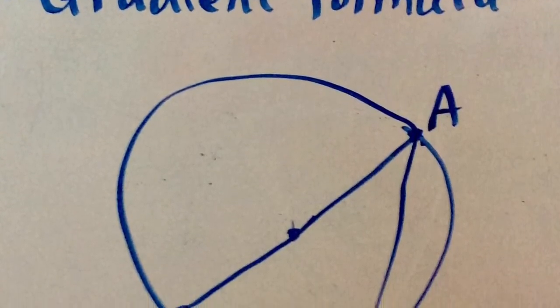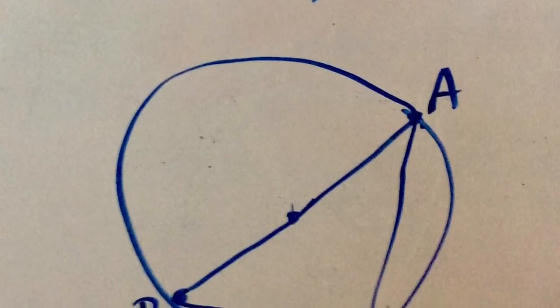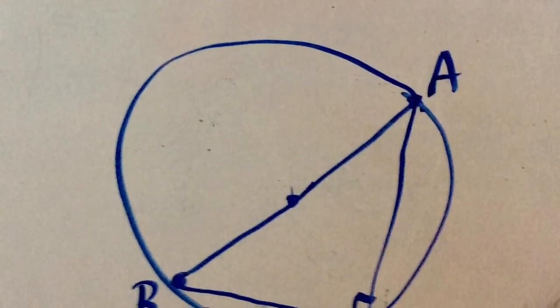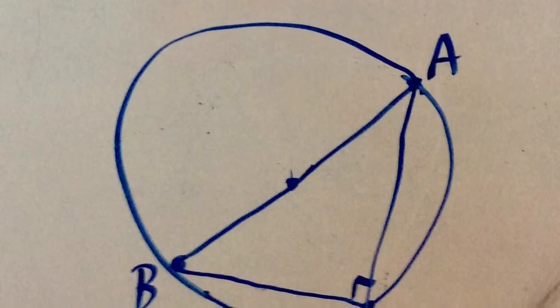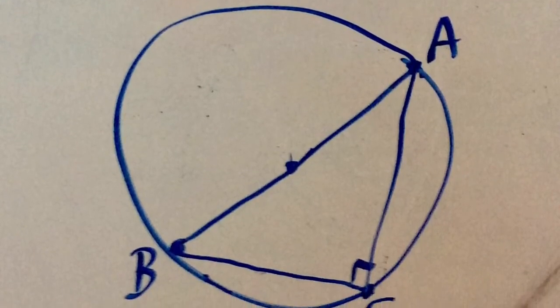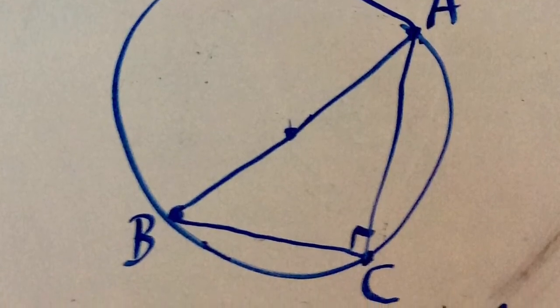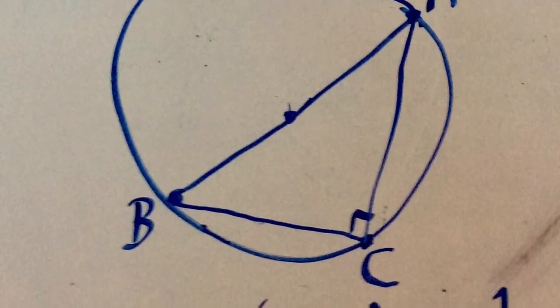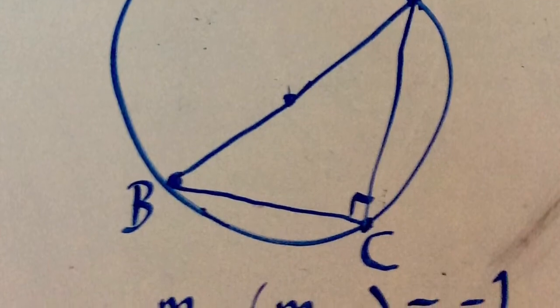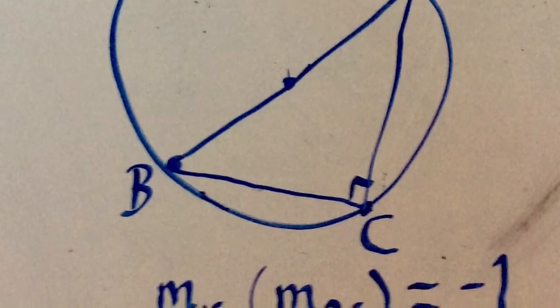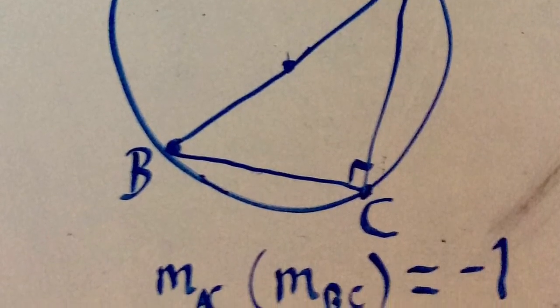Wherever you put your C on the circumference, it's always making 90 degrees, because this is the property of the circle. So you have to use the gradient formula. You use gradient AC times the gradient of BC, because they're perpendicular, you get -1. So in the question that you will face here, you will use this formula.